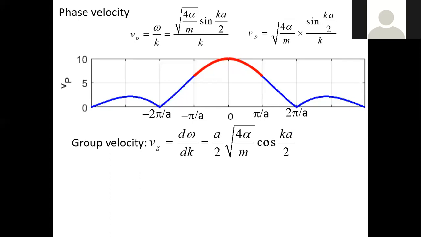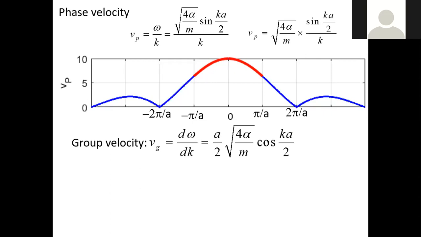So for group velocity, you see that it is not the sinc curve, which was seen in the case of phase velocity. Sinc curve means sine theta by theta form. So somewhere you will find the maximum value, and then it will diminish with diminishing amplitude also.